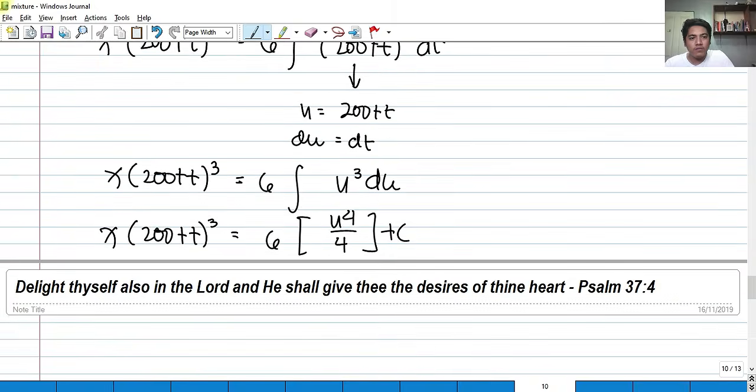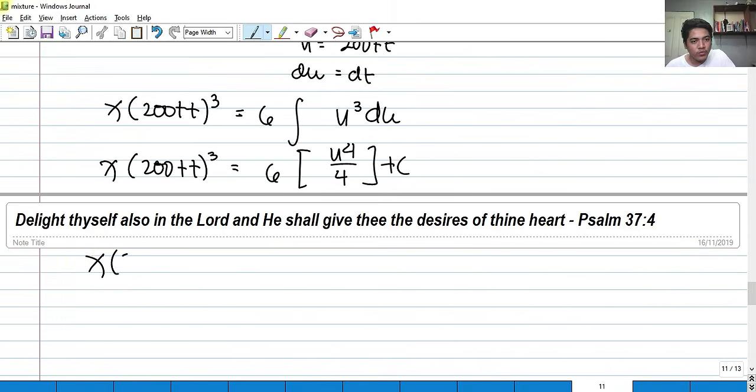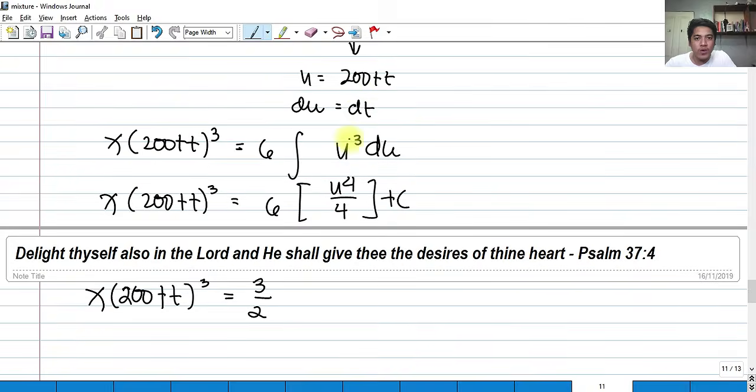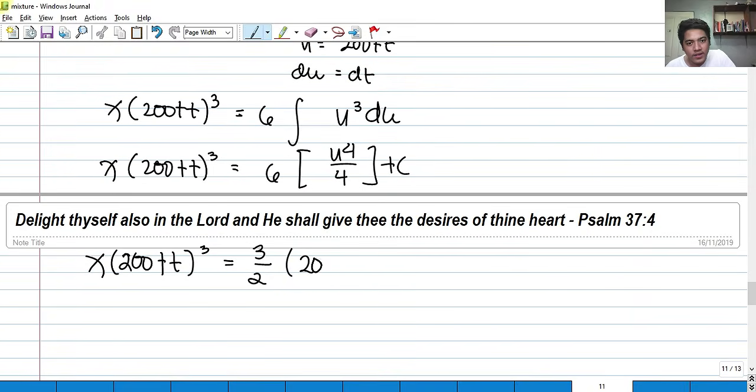So, we have now x multiplied by (200 + t)^3 is 6 over 4, that is 3 halves, u^4. What is our u, by the way? Our u is 200 + t. So, 3/2 (200 + t)^4 plus c.